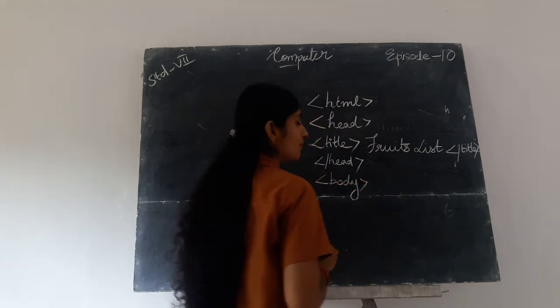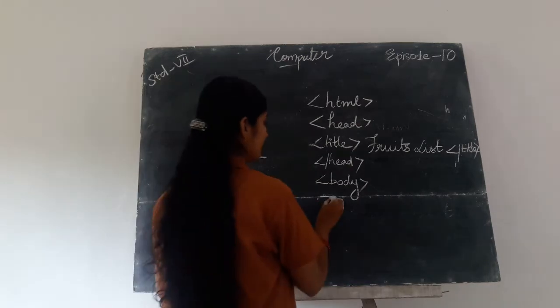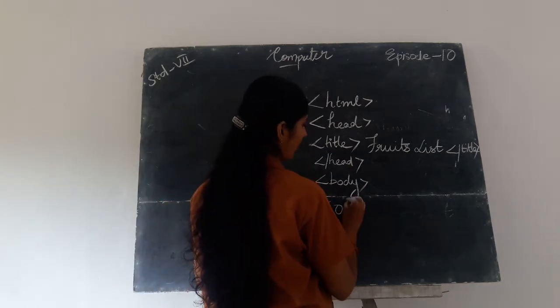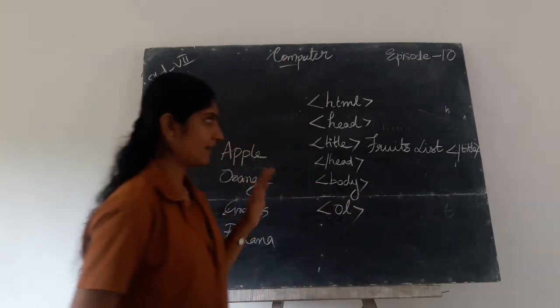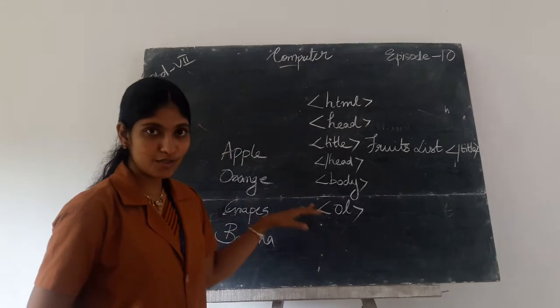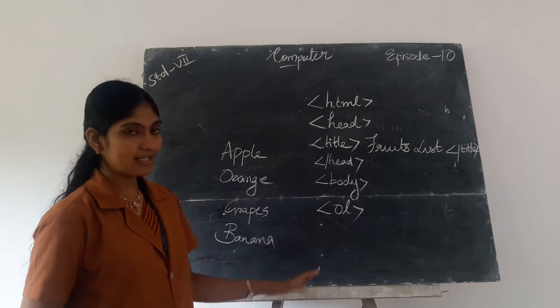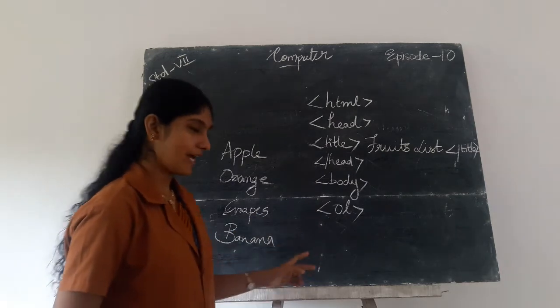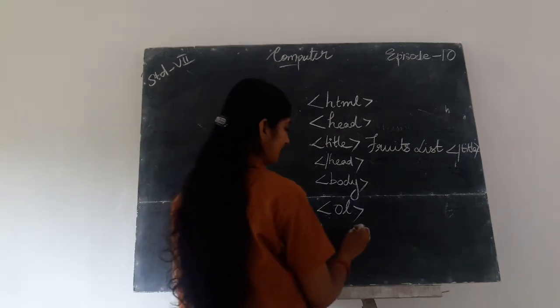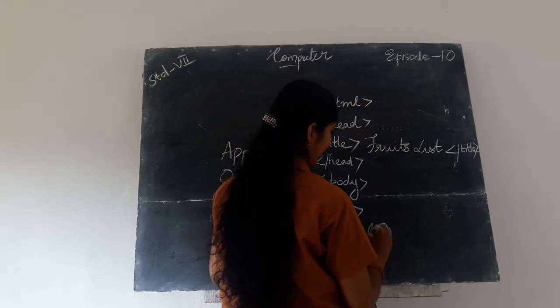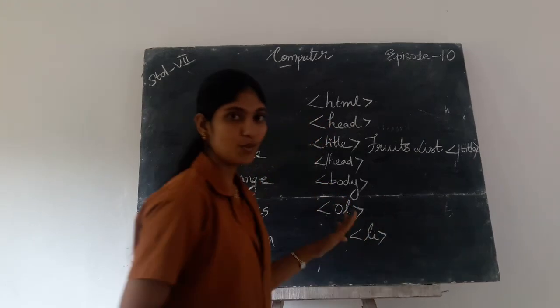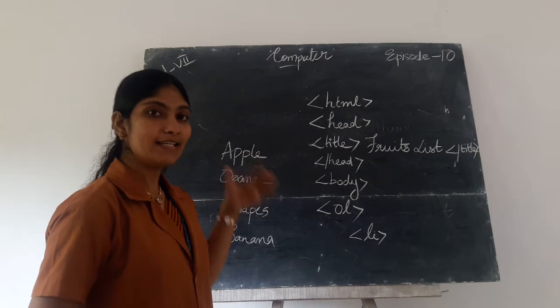And then if you want an ordered list, write OL. So if you want to apply an ordered list within the body tag, first write OL. Next LI. So next you write the list of items.